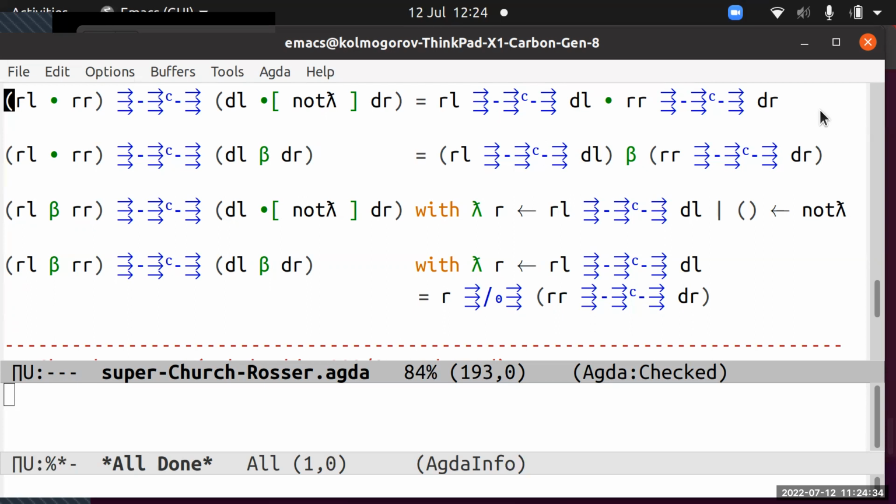And then in the beta step with beta step, and I guess this is joinability, now here's where I'm joining two betas. And what do I do? Well, beta tells me that I must have a lambda, so in exactly the same way by induction hypothesis, I must have lambda of a corresponding proof. And that proof, like a term, is a proof with an open position waiting for a proof that its arguments superparallel reduce.